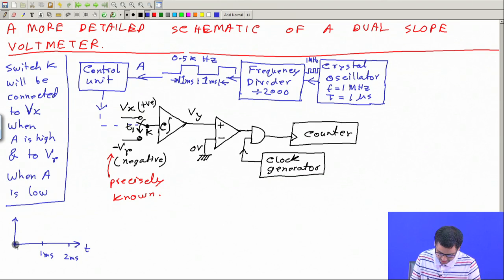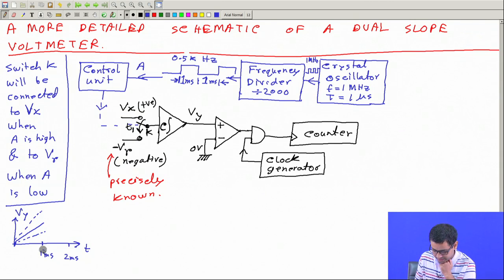Starting from here, this voltage Vy will go up, and how much it goes up will depend on the value of Vx. So it can go up like this or this, depending on the value of Vx.